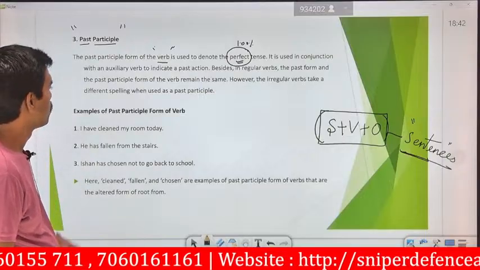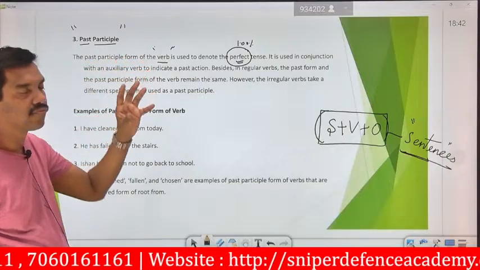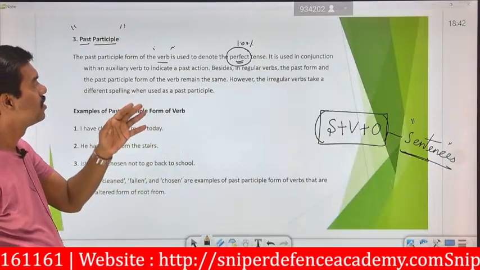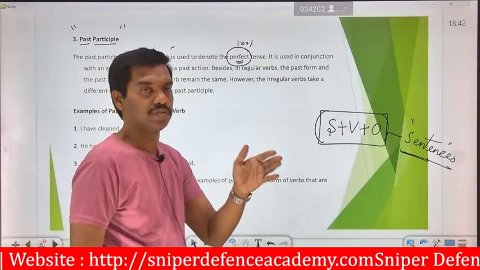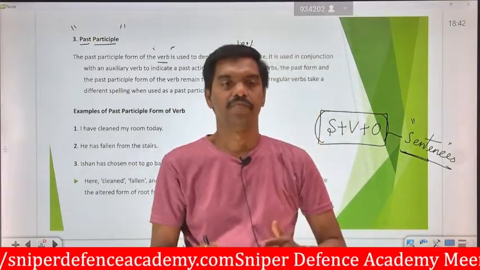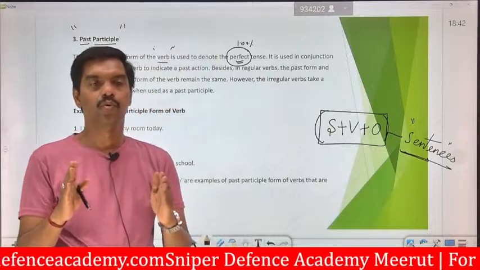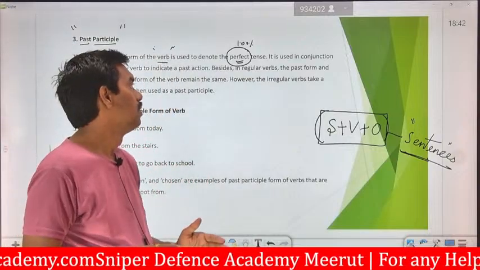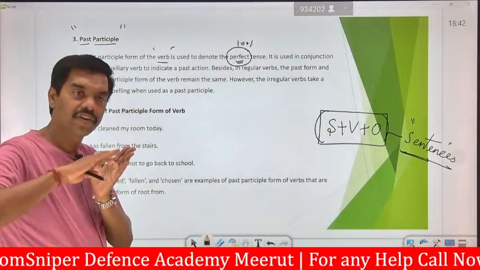It is a form of verb which is used to denote, to identify, to show something which takes place in terms of perfect tense.